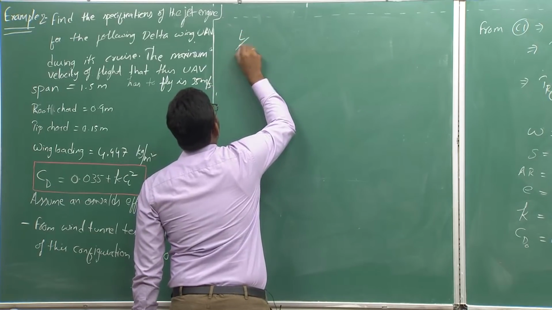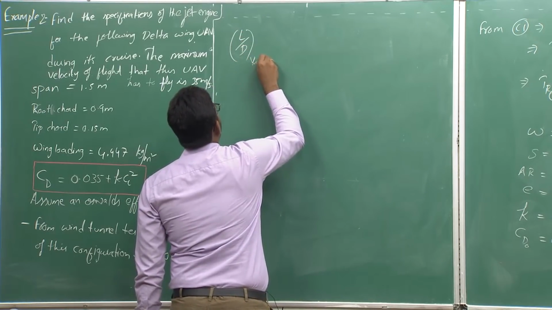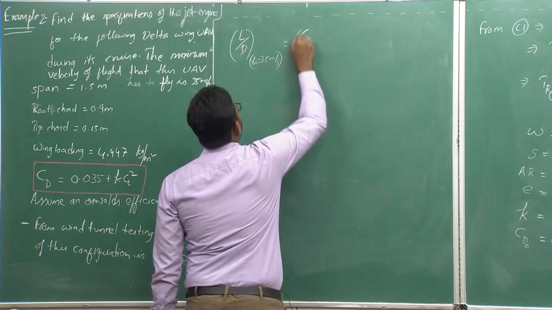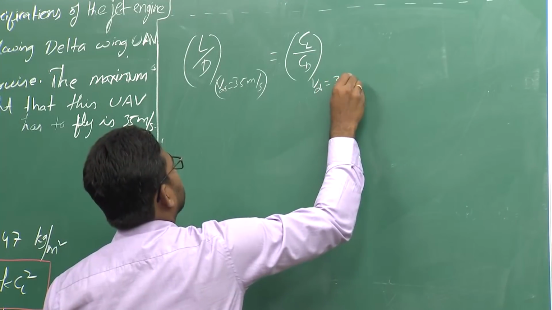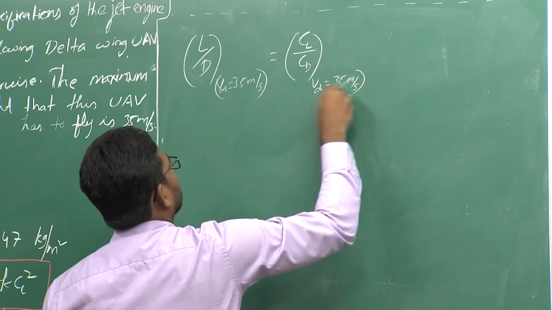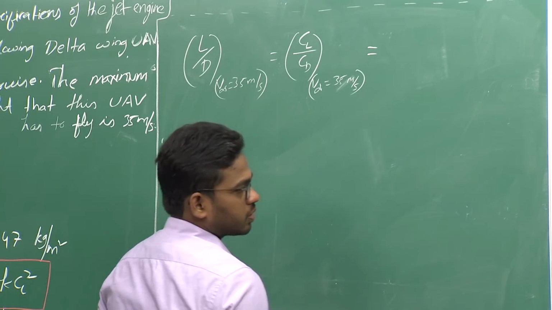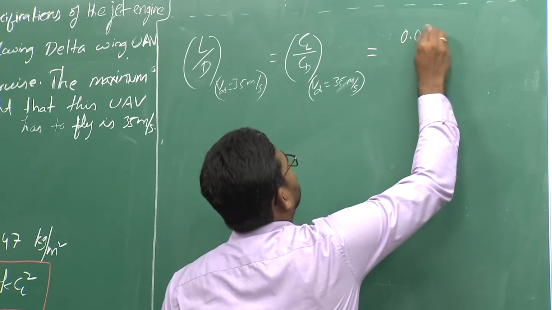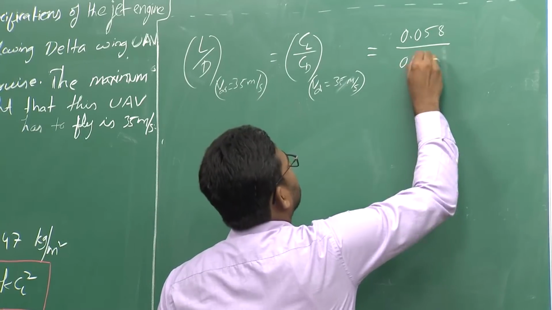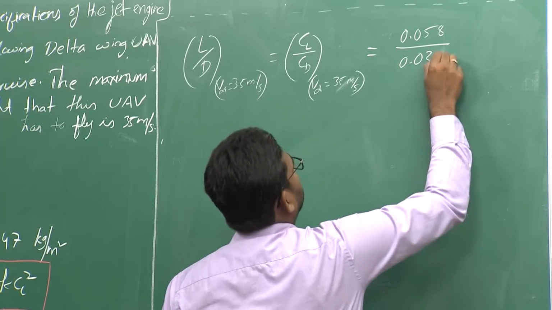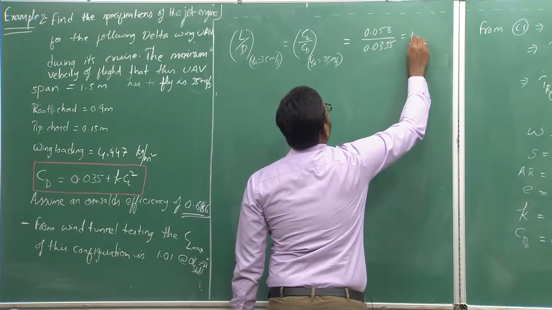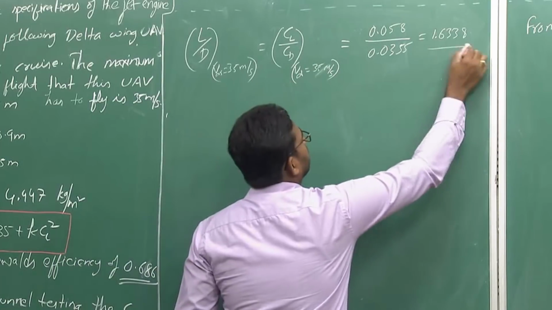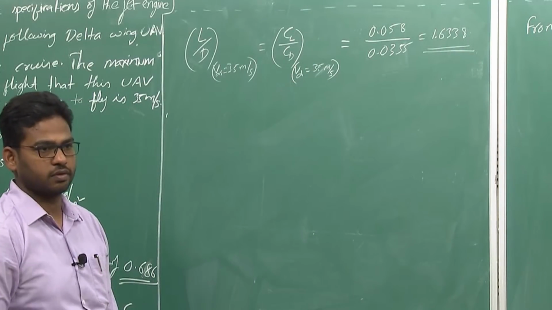L by D at V infinity 35 meters per second is equal to CL by CD at 35 meters per second, which is 0.058 divided by 0.0355, which is 1.6338. This is the reason why L by D for delta wings is very less, right?